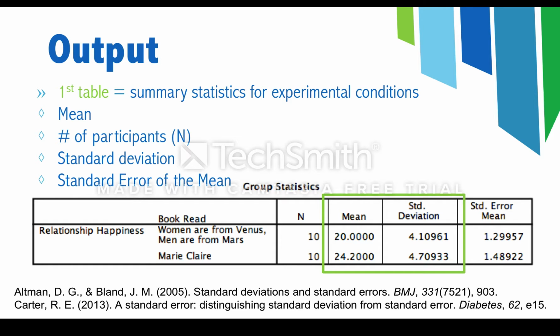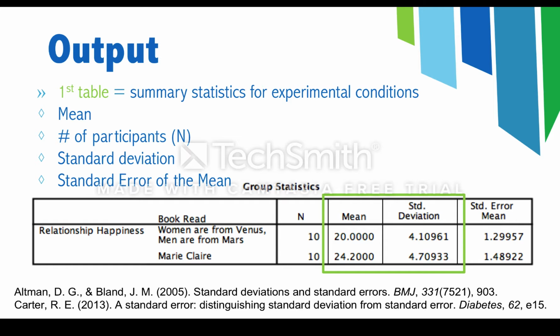So each row in the table presents statistics on the dependent variable, relationship happiness, for the different categories of the independent variable, book read. You should use this table to understand certain aspects of your data, such as whether there is an equal number of participants in each of the groups, which is in your N column, which group had the higher or lower mean score, and if the variation in each group is similar by looking at your standard deviation.